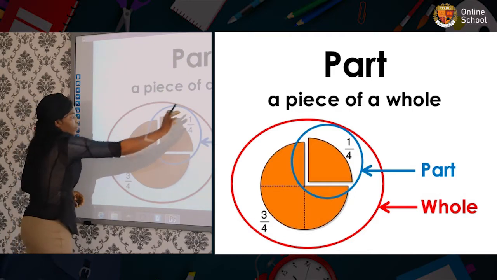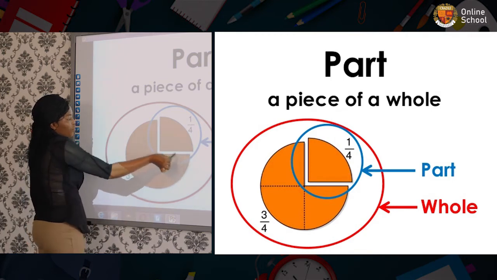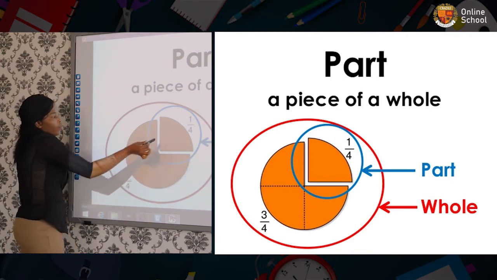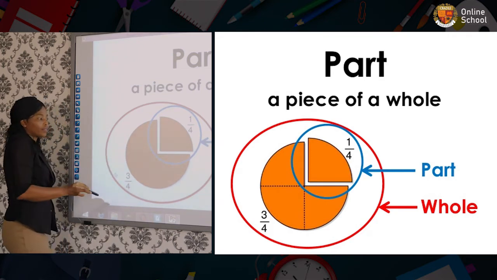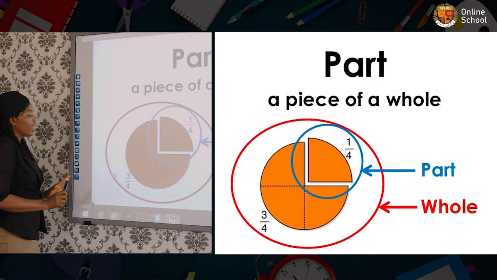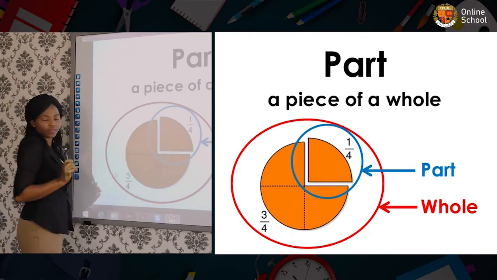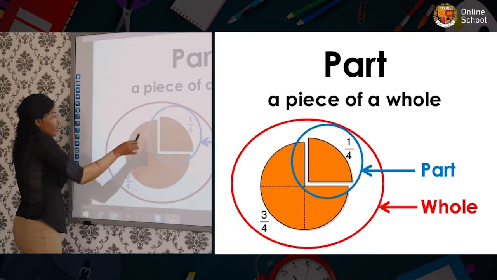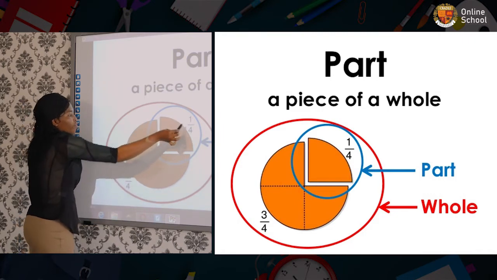We have taken a part from the whole. This is the whole, all of them. Then a part 1/4 means you have cut this circle into 4 equal parts, and now you want to talk about 1 part out of the 4 parts. If you have taken 1 out of 4, that means you have 1/4.